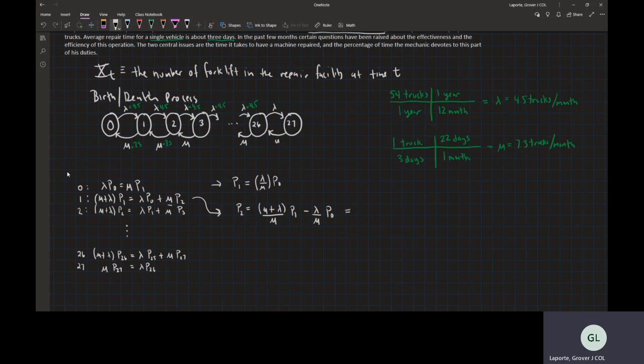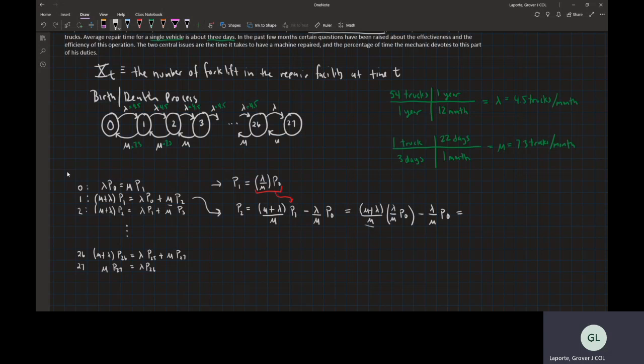Now, we know P1 is equal to this thing, so I want to convert all of these into the same variable, P0. So I'm just going to take that lambda over mu times P0 and substitute in for P1. So I get mu plus lambda over mu times P1, which is lambda over mu times P0, and then minus, everything else stays the same, minus mu P0, and now we're close.